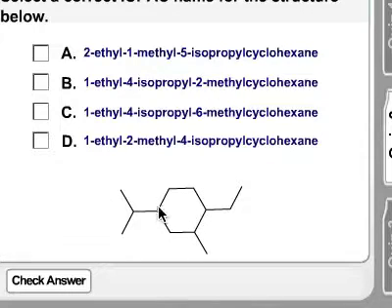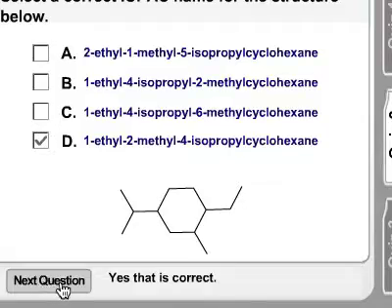So if I start from the isopropyl group, I'd go 1, 2, 3, 4. It's not going to matter. Let's go ahead and start with the ethyl. And it's ethyl, and then isopropyl, and then methyl in alphabetical order. So it should be 1-ethyl, 2-methyl, 4-isopropylcyclohexane. Okay.